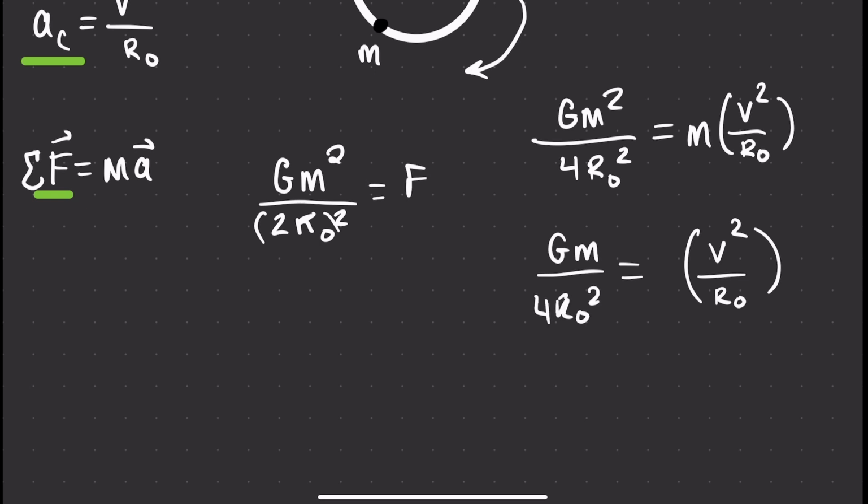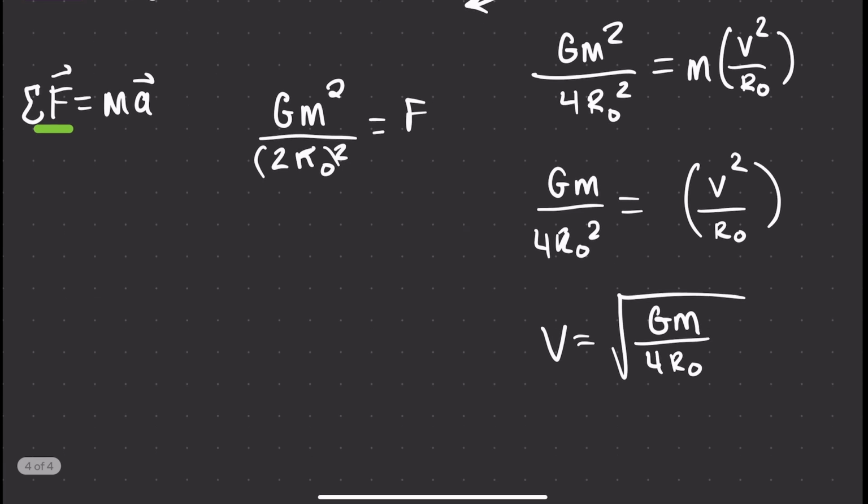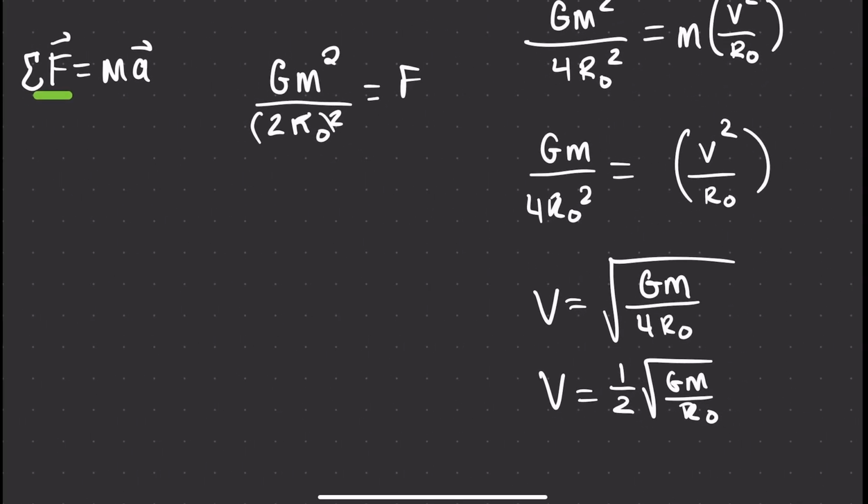We get v equal to the square root of capital G m over 4r0. This can be simplified even further: the square root of 1/4 is just 1/2, times the square root of Gm over r0. And there we were able to find the velocity of our black holes.